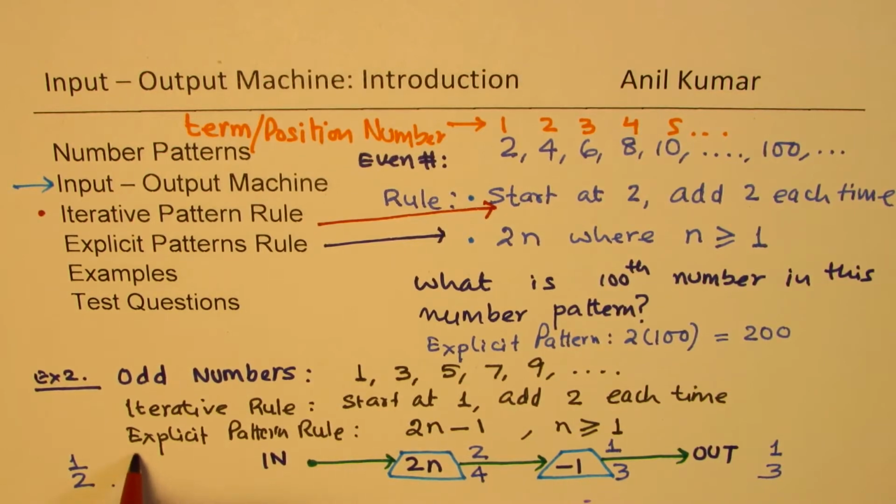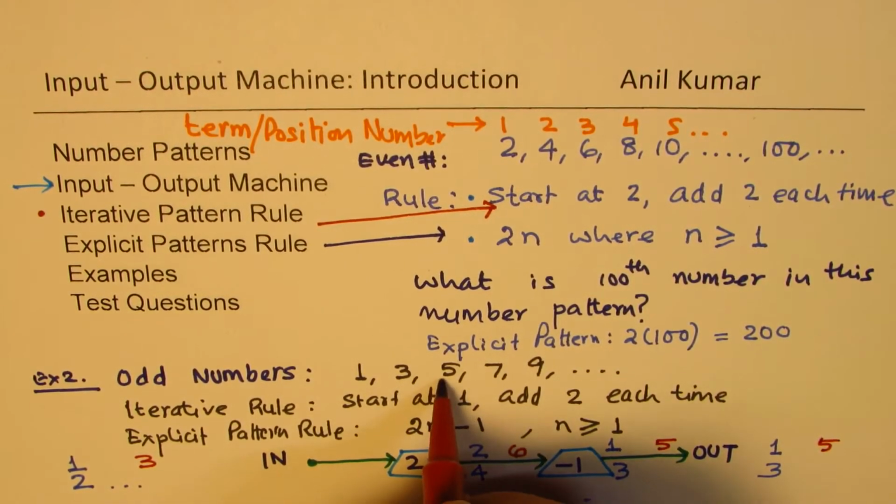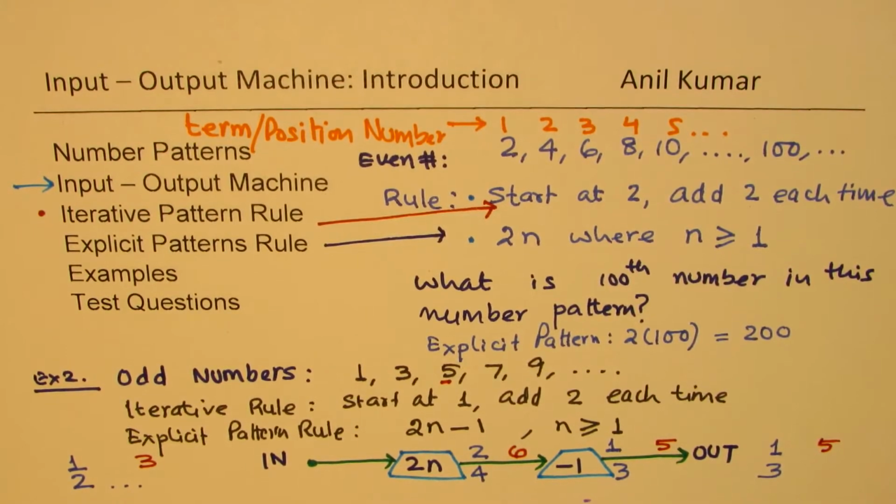If I feed in 3, 3 times 2 is 6, and when you take away 1, we get 5. If I feed in 4, double of 4 is 8, take away 1 is 7, so the output is 7. That is how my input-output machine works.